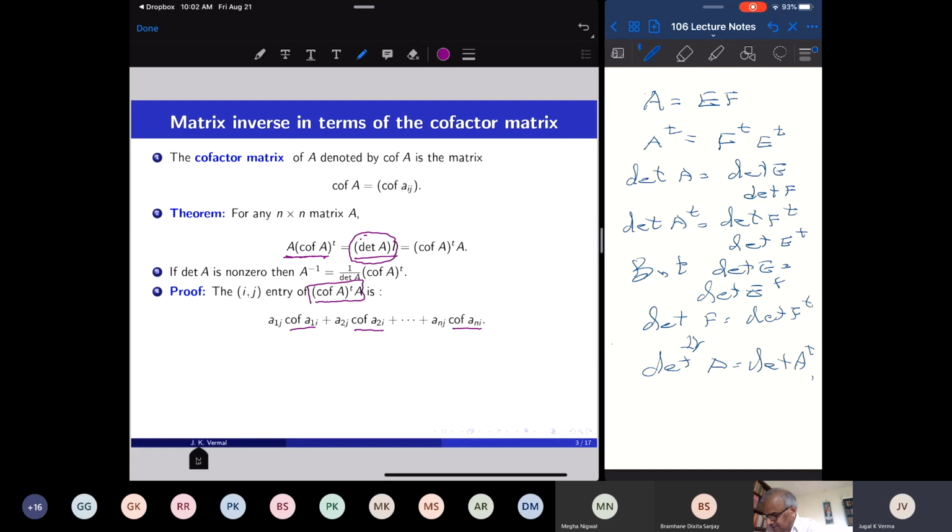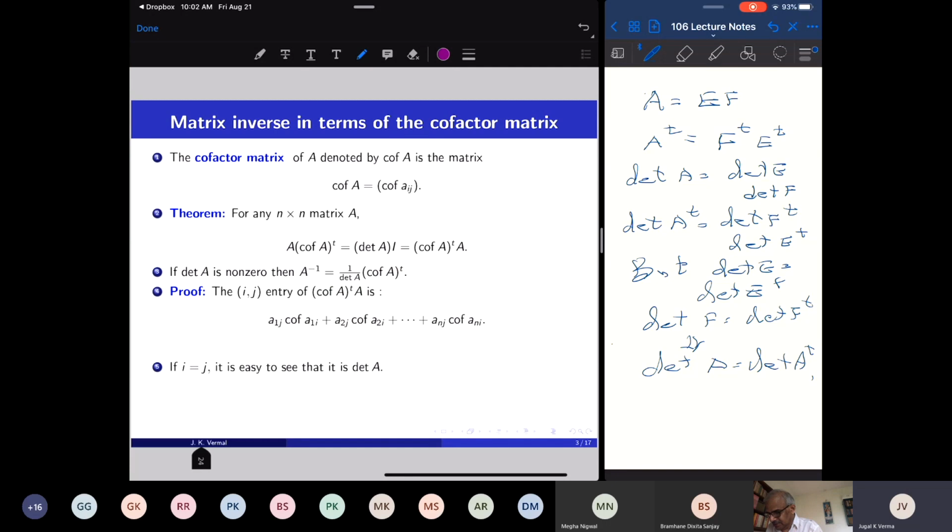These are the entries in the ith column of the cofactor matrix. Then the jth column of A consists of A1j, A2j, up to Anj. That's how we find the ijth entry of the product of two matrices. So the ijth entry of the product of the transpose of the cofactor matrix times A is equal to this. If i equals j, then this is just the determinant.